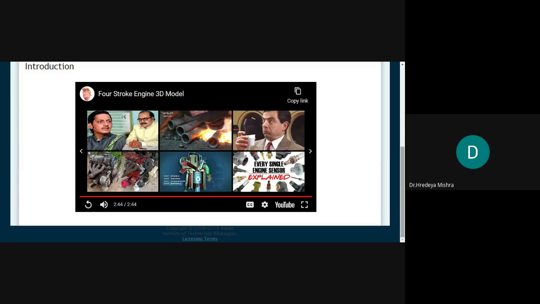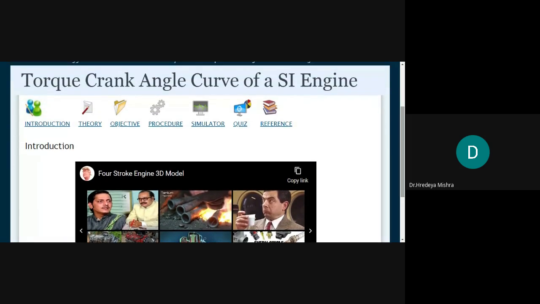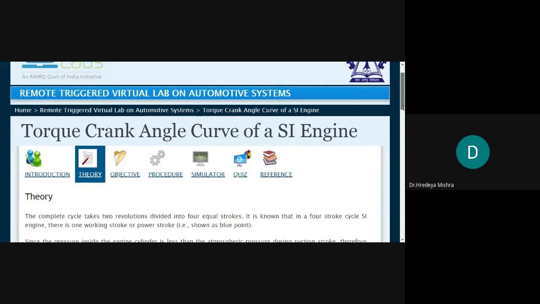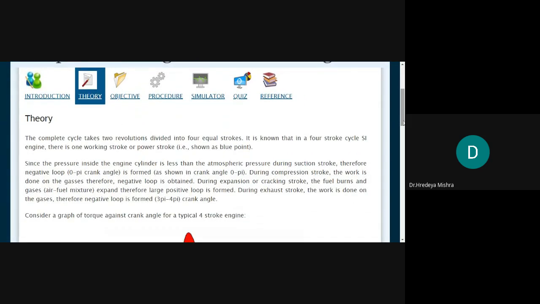So students, you can observe how the four-stroke engine operates. What is the suction procedure? What is the compression? What is the expansion? What is the exhaust operation? So all of you can go through the video.